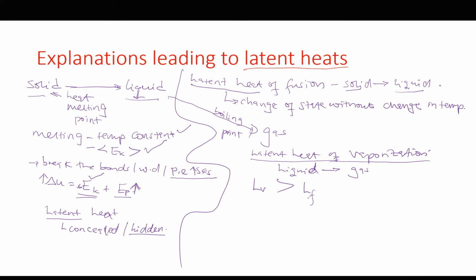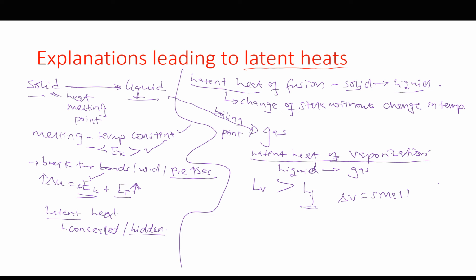Why? When melting occurs, the change in volume is relatively small. When a solid melts, the change in volume is relatively small. You can always experiment with this with ice. When a block of ice melts, the change in volume is relatively small.